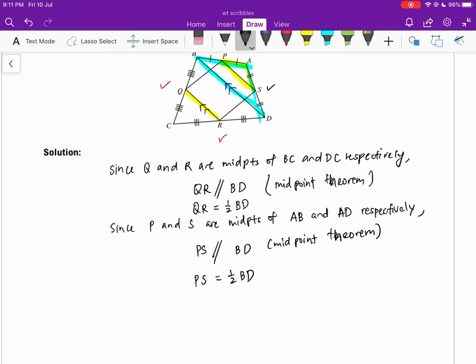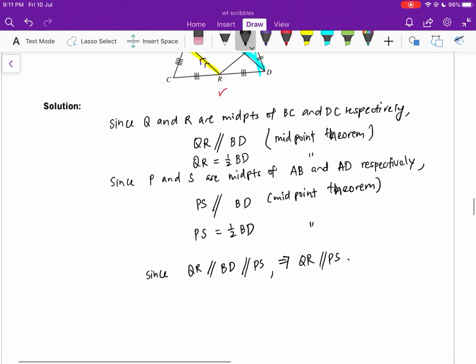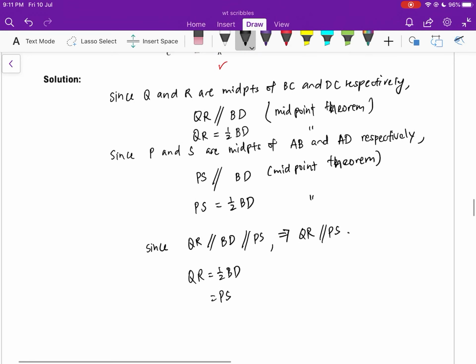So what can we conclude here? It's all midpoint theorem. We can conclude that since QR is parallel to BD and it is also parallel to PS, QR is parallel to PS. Next, we know that QR is half of BD and half of BD is also the length of PS. We can say that QR equals PS.